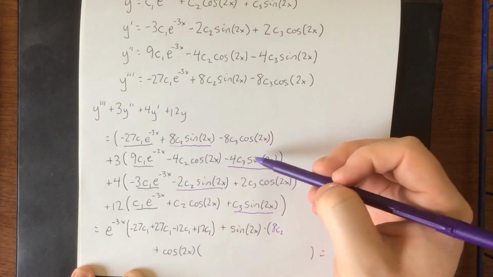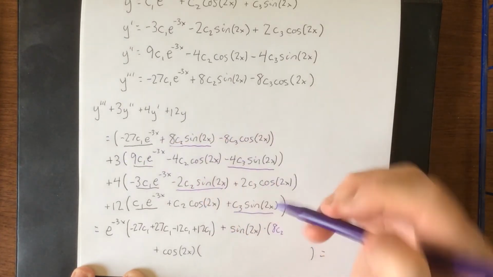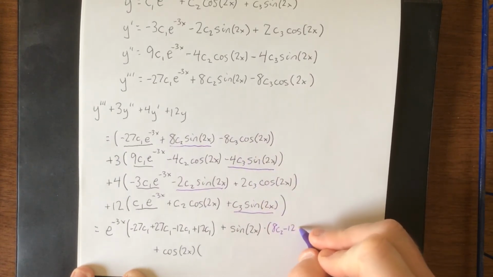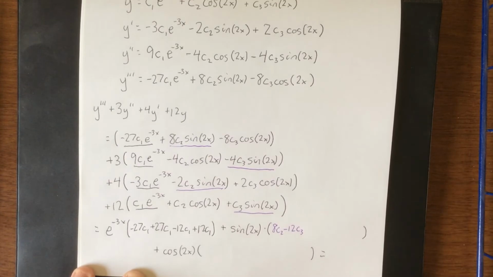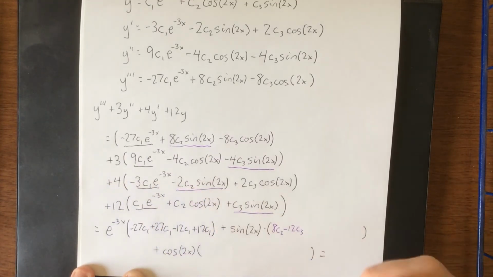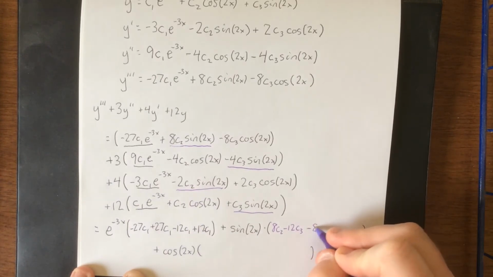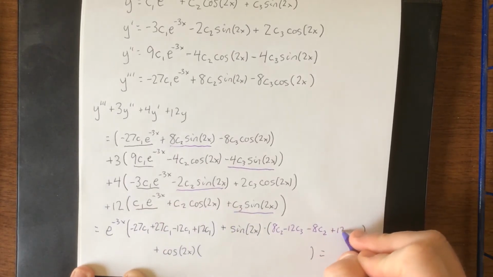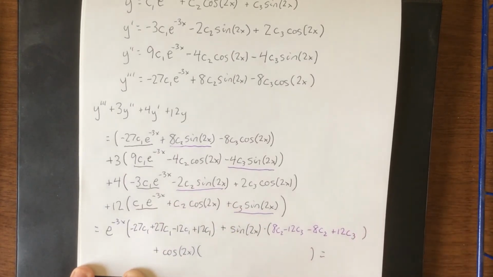For the second one, I am seeing plus 3 times negative 4 times c3, so that'll be minus 12c3. In the next line down, we have plus 4 times negative 2c2. That'll be minus 8c2. And in the last line, we have plus 12 times c3. Good news there. Looks like everything is once again going to cancel out.